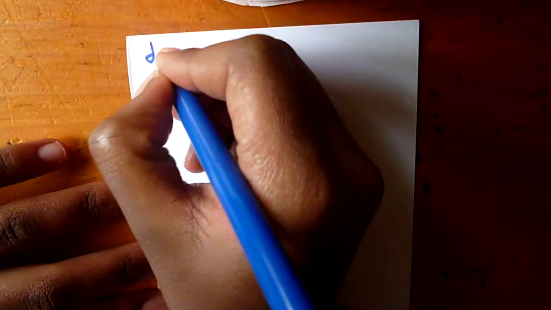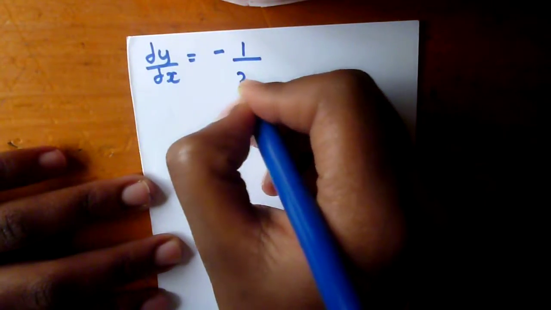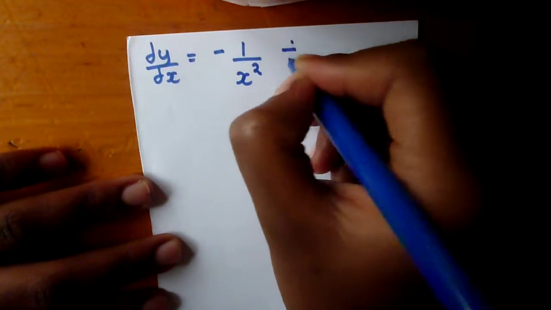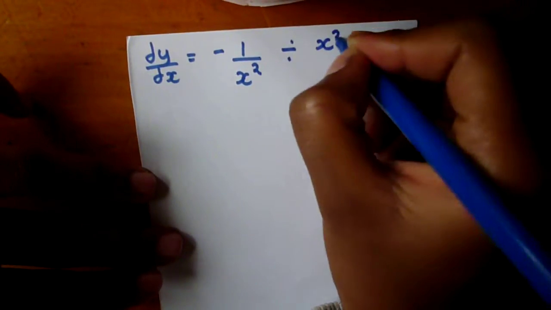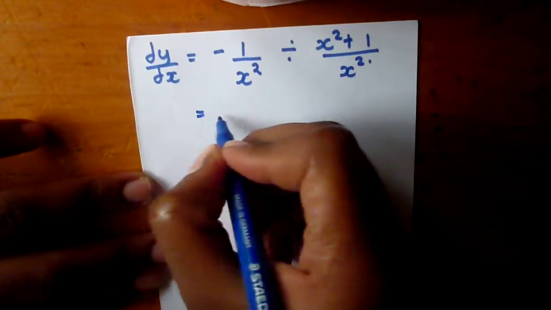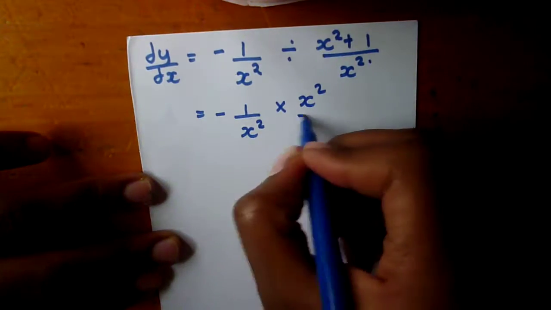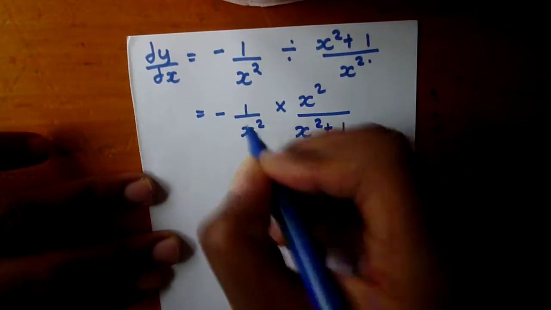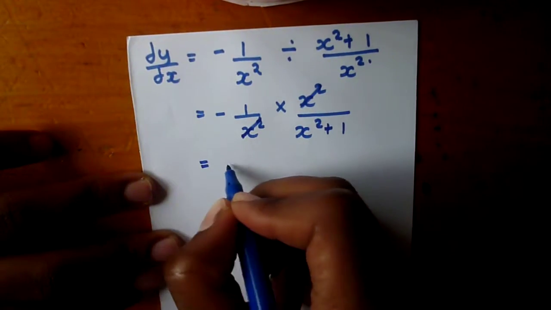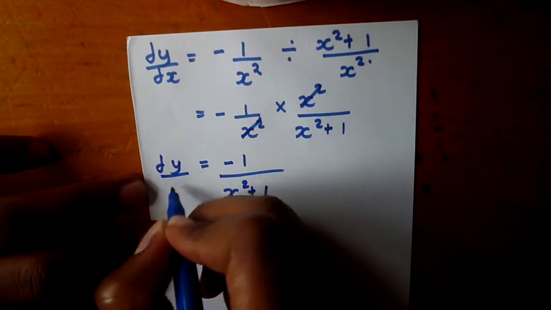So dy over dx will be negative 1 over x squared divided by x squared plus 1 over x squared. This is the same as negative 1 over x squared times x squared over x squared plus 1. That and that will cancel. So you'll get negative 1 all over x squared plus 1 as our dy with respect to dx.